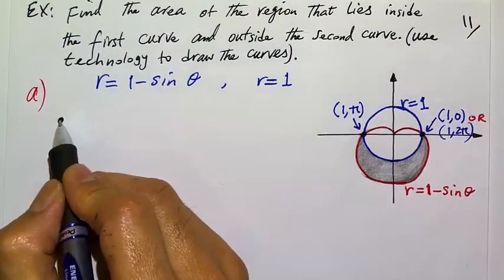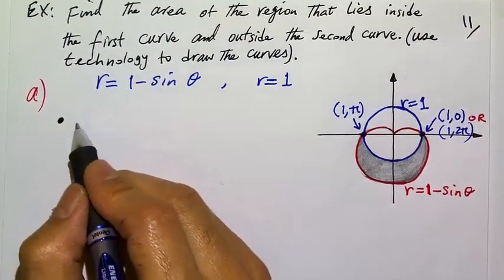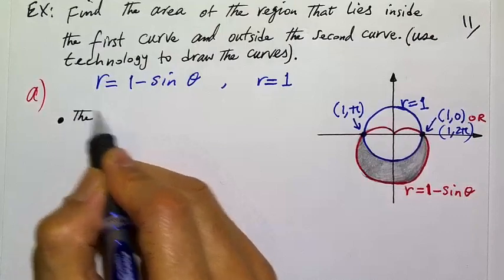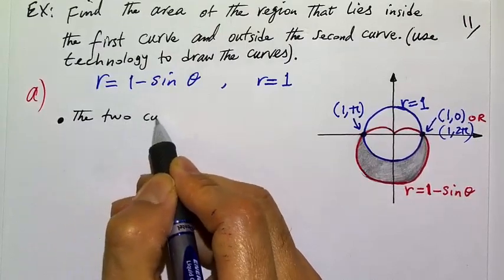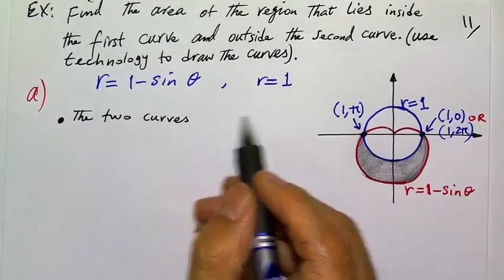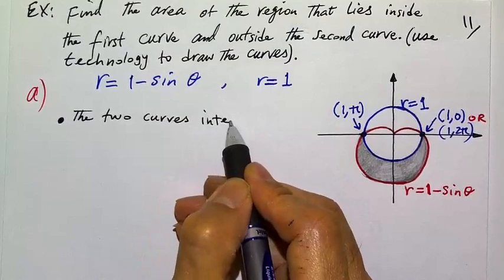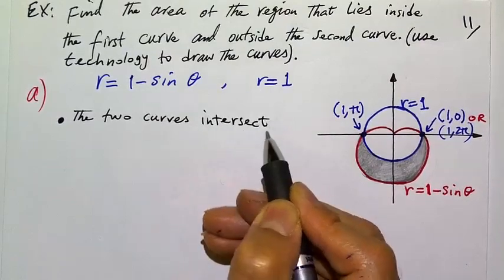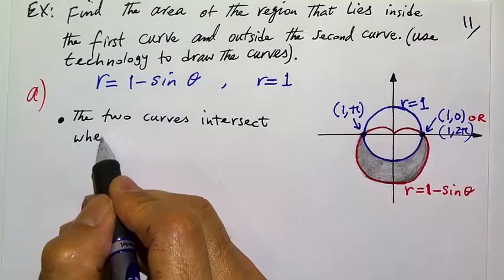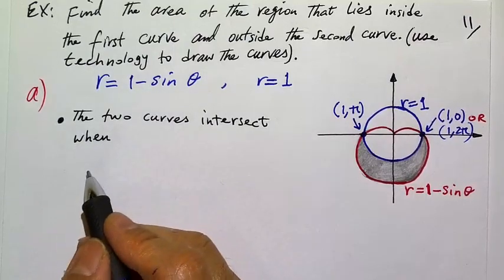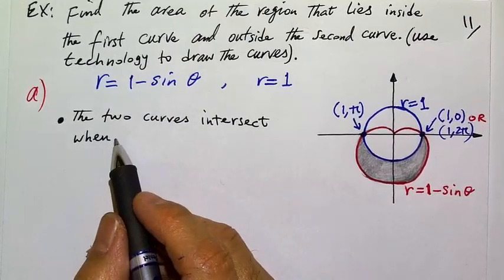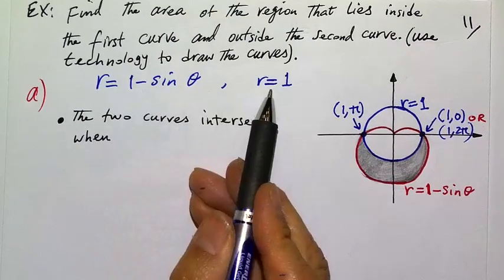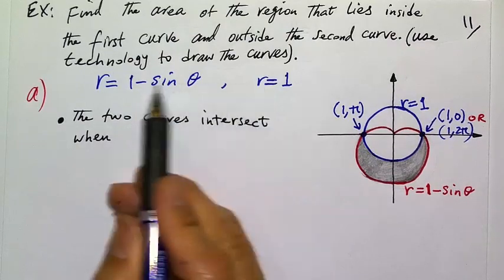But let me make a note that the two curves here intersect when this equals that, right?